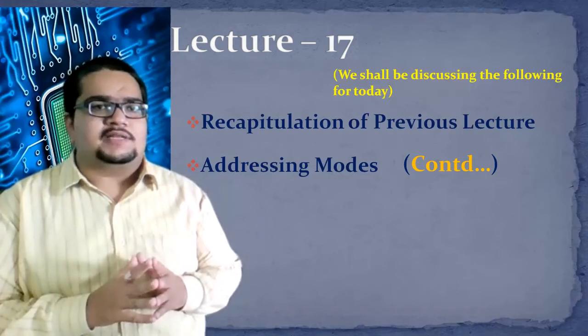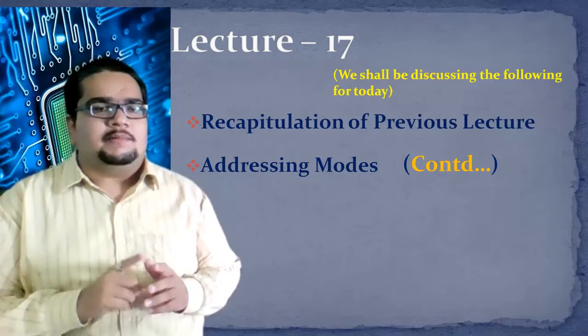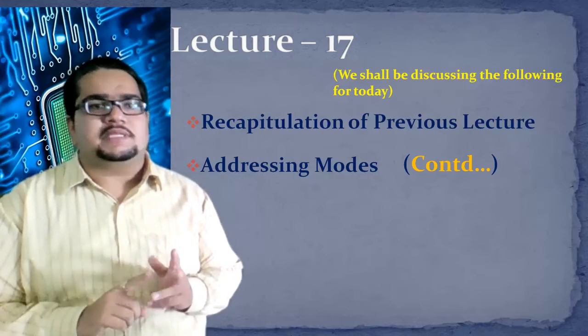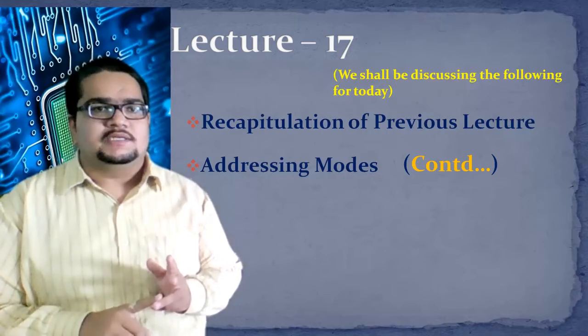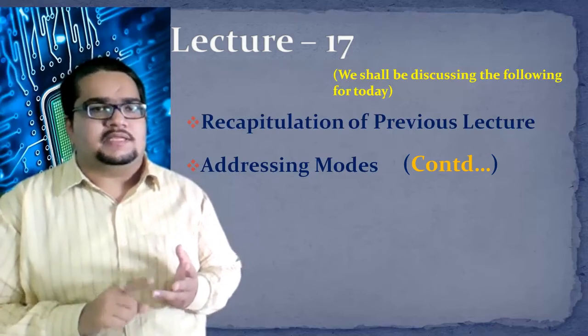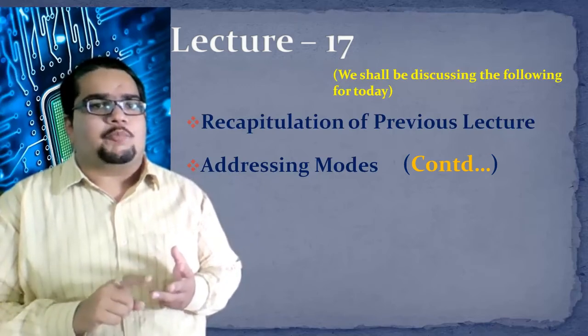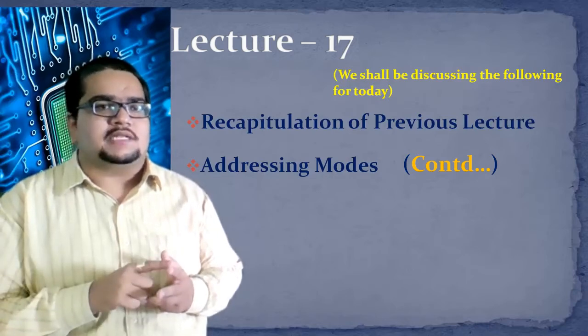In this type, not the data and not the location, but something else is given as a reference to the data in the instruction. So there will be something given in the instruction which will point to the data's location. From that location you can access the data.